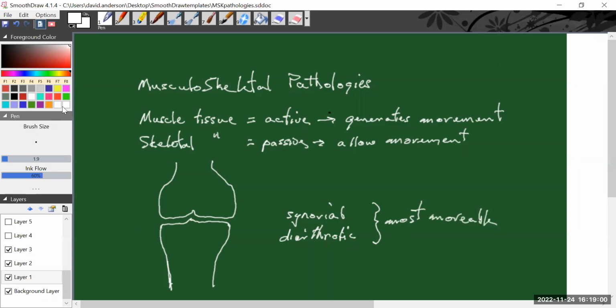And they typically have a joint capsule that encloses the synovial membrane. The synovial membrane, I'm drawing it in green here, connects between the two bones that create this joint space, and we would have connective tissue on the outside of it forming the joint capsule.